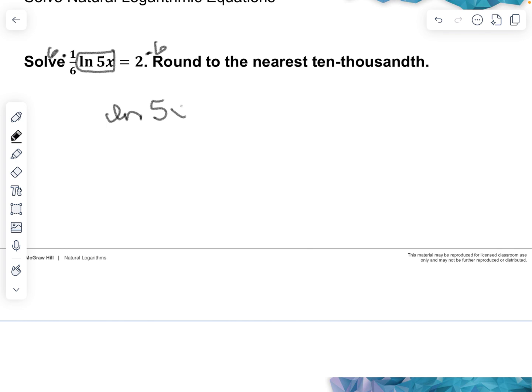Natural log of 5x is equal to 12. Now I can kind of use the inverse of what we've been doing. I can write this as e raised to the natural log of 5x is equal to e raised to the 12th.